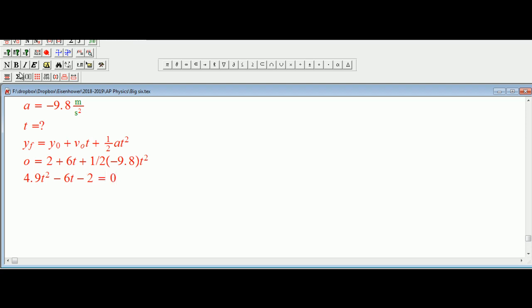Whenever you solve a quadratic, everything goes left, set equal to 0.